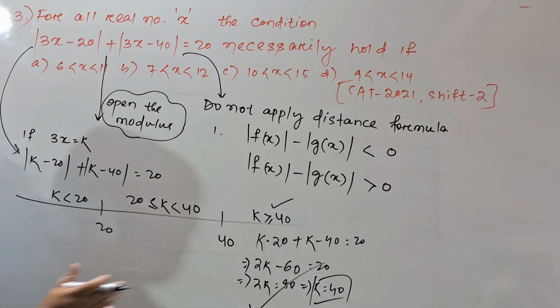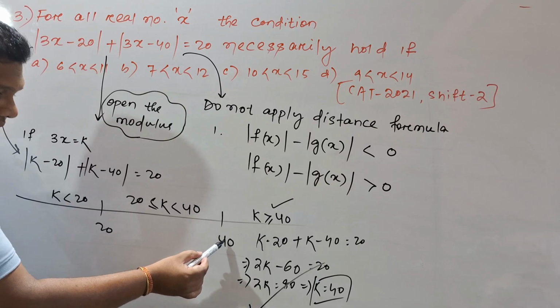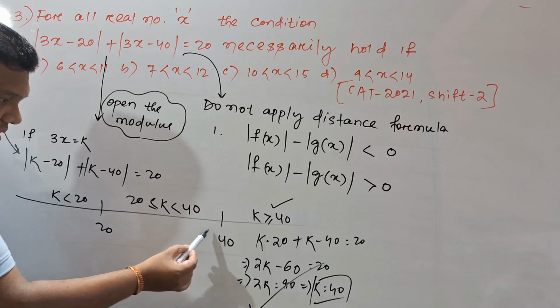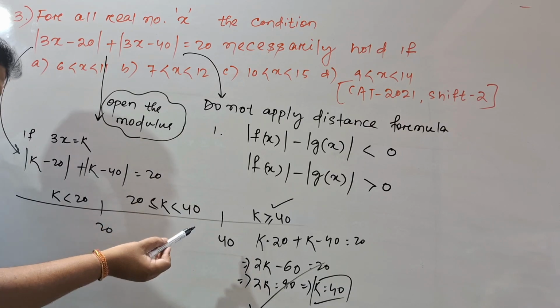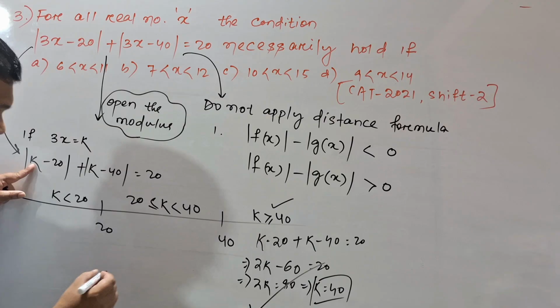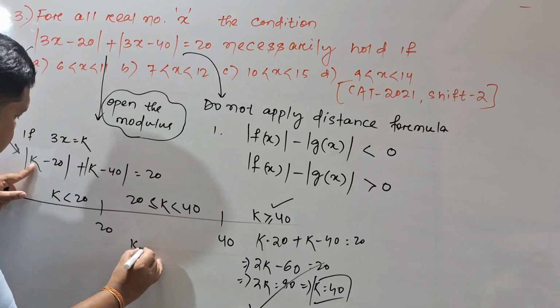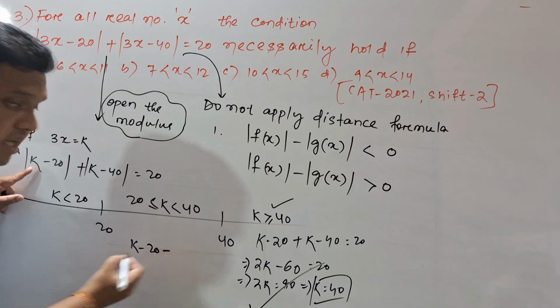Now I will check for this region, and here you have to check this critical point. Here it is the left hand side. Left hand side means 40 will open with negative sign, but 20 will open with a positive sign. What does it mean? I just write k minus 20, but when I write this one, I have to write a negative sign here.